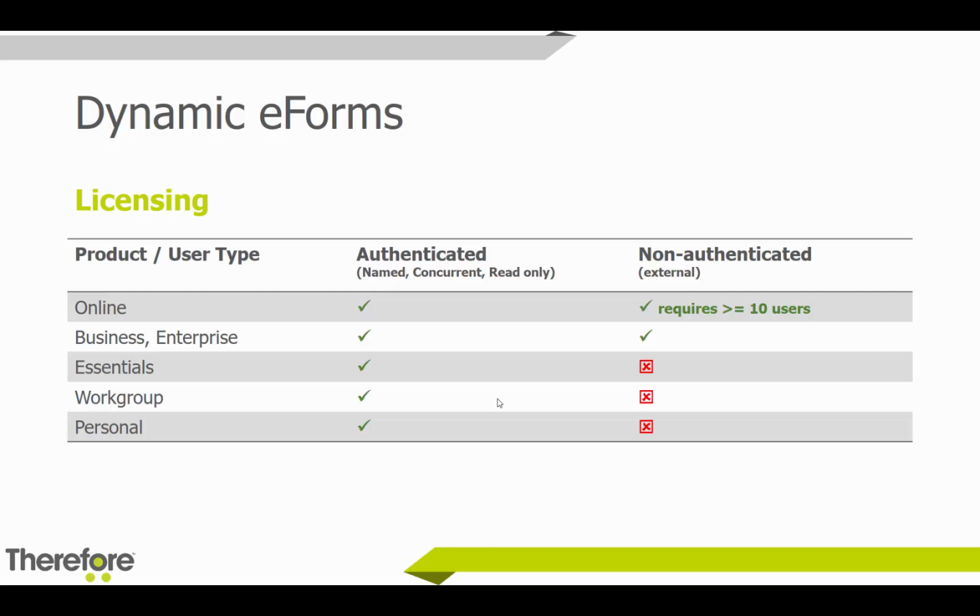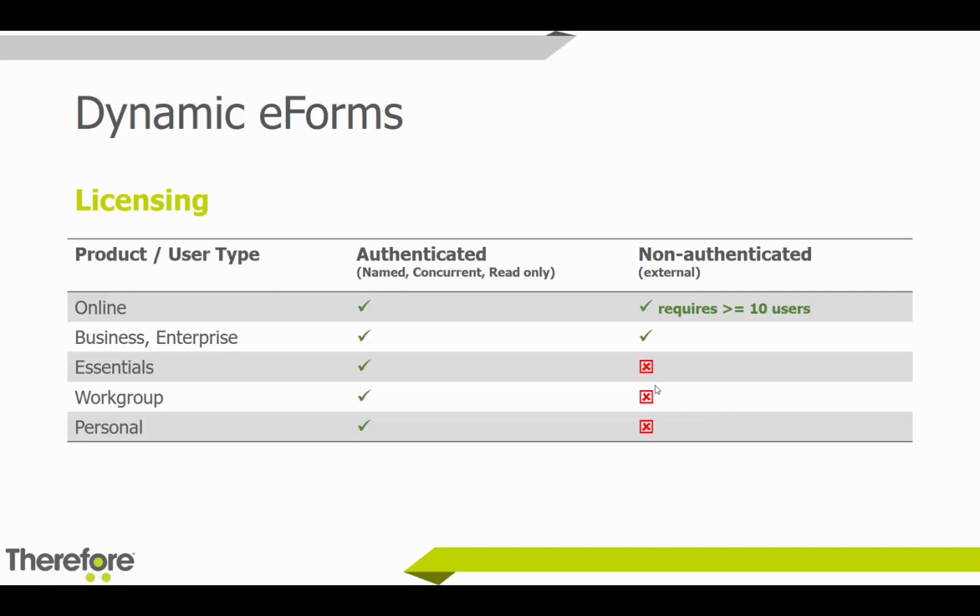And those types of users only have access to the Therefore system if it is a Business Edition or an Enterprise Edition, or if they're using an online system that has at least 10 users. If you're using a Therefore Online system and you have fewer than 10 users, non-authenticated users are not supported. And of course, smaller Therefore editions like Workgroup Edition do not support non-authenticated users.